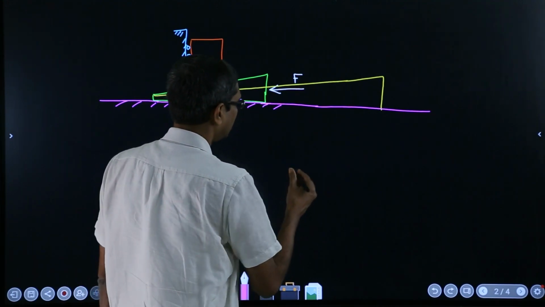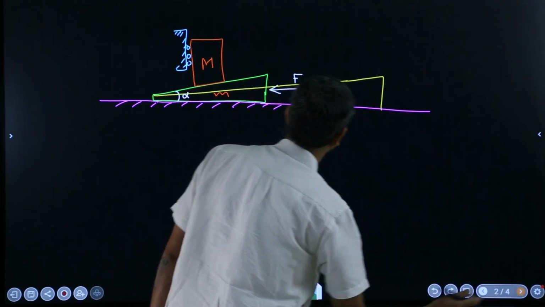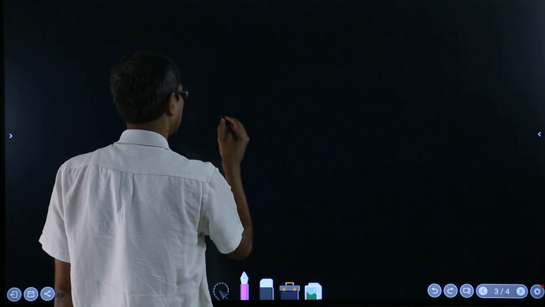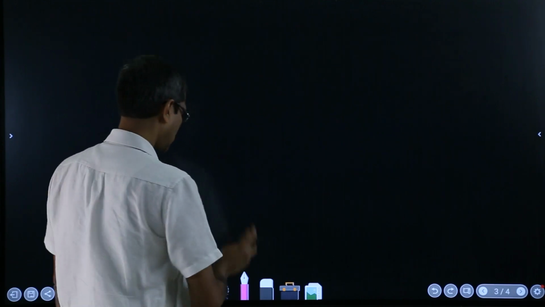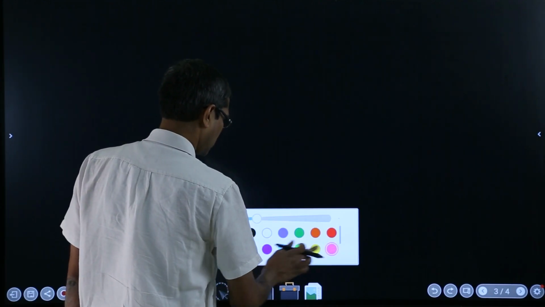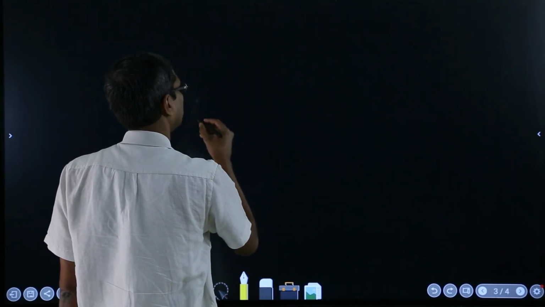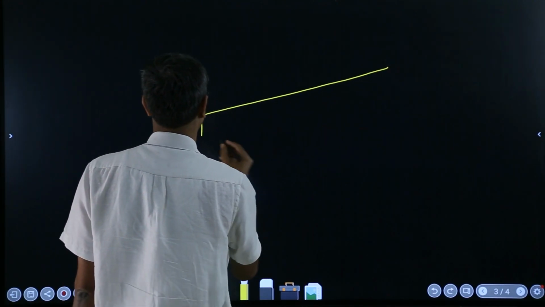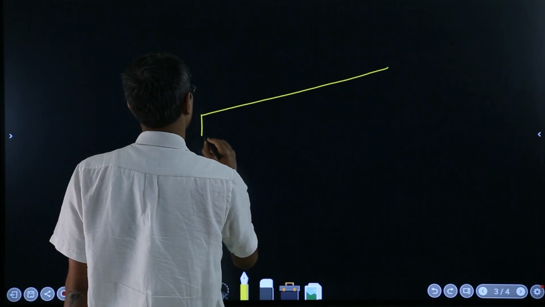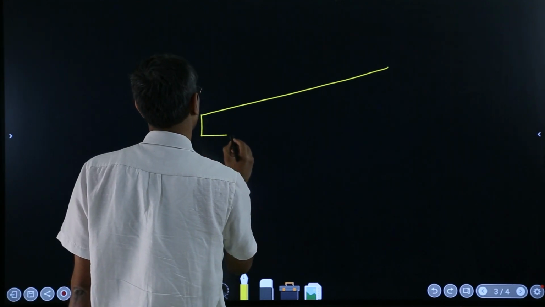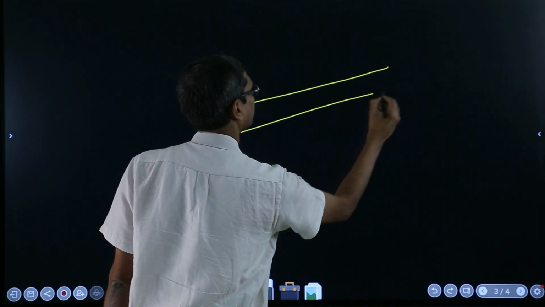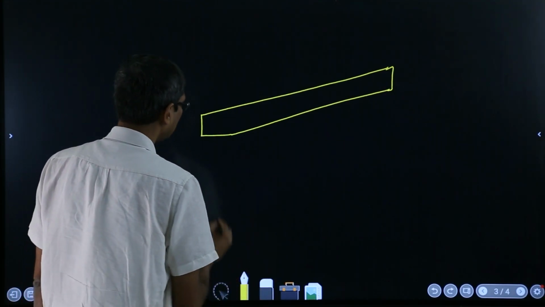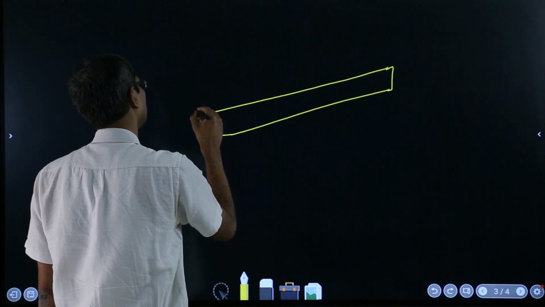So what they did, let's say I go to another page. Suppose we have a wedge, I'm just drawing a wedge. This is the wedge which I have, and let me draw it in 3D.